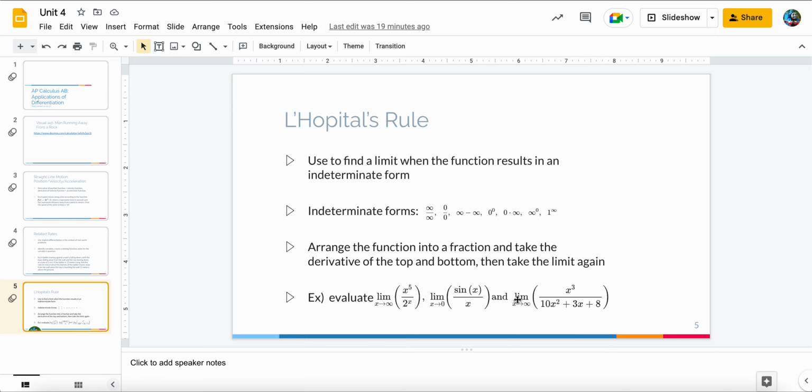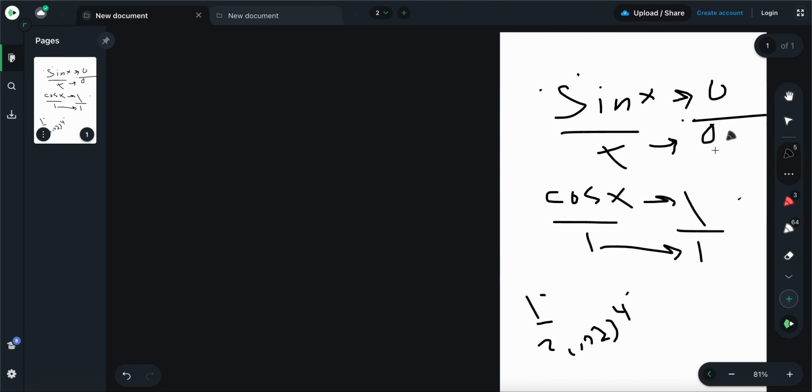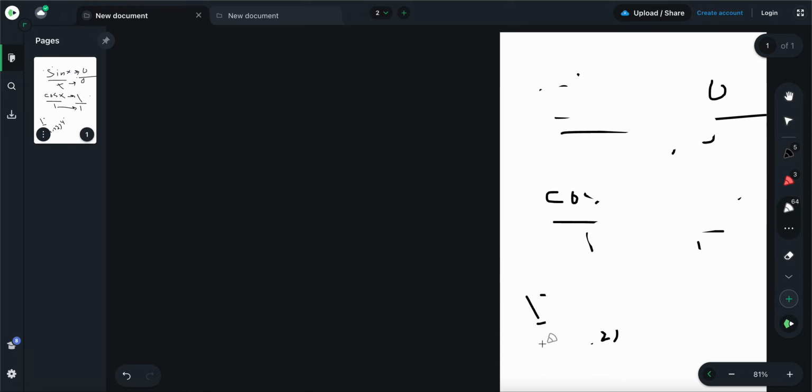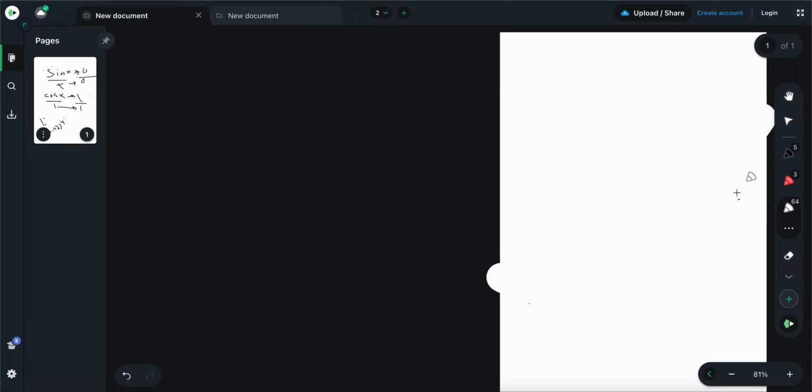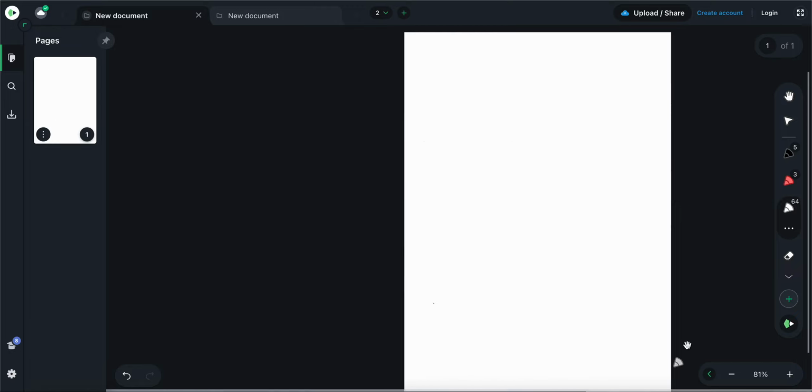Last one, limit as x approaches infinity for x cubed over 10x squared plus 3x plus 8.